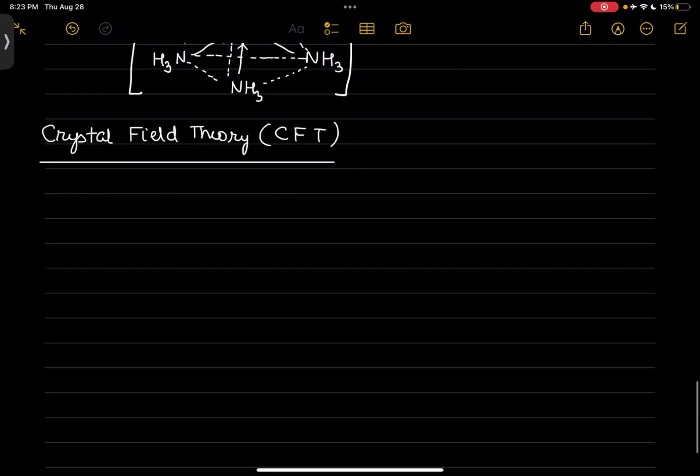So first of all, assumptions of CFT. So can any one of you help me out? What assumptions does crystal field theory have?